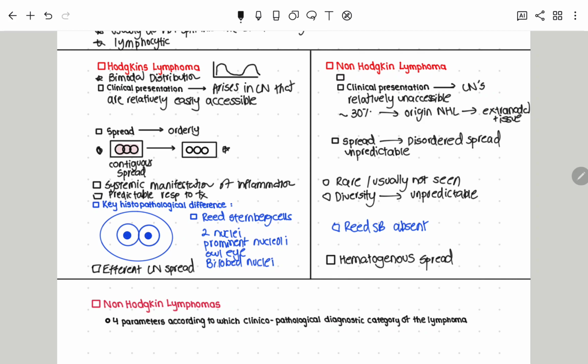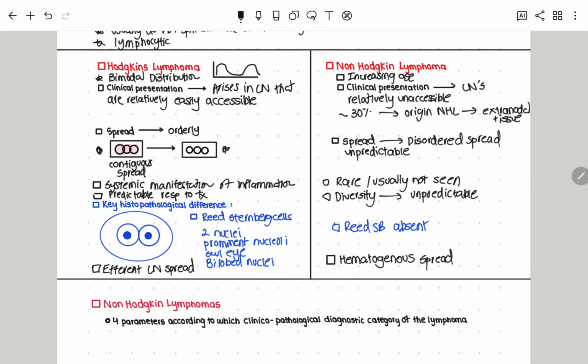Whereas the chances of someone developing non-Hodgkin's lymphoma just increases with age. And so key points to talk about when you're differentiating these two are its cellular composition, the epidemiology, the manner of spread, whether or not systemic signs of inflammation are present, and what the prognosis is for each of them. And that should be it as far as differentiating these two go.